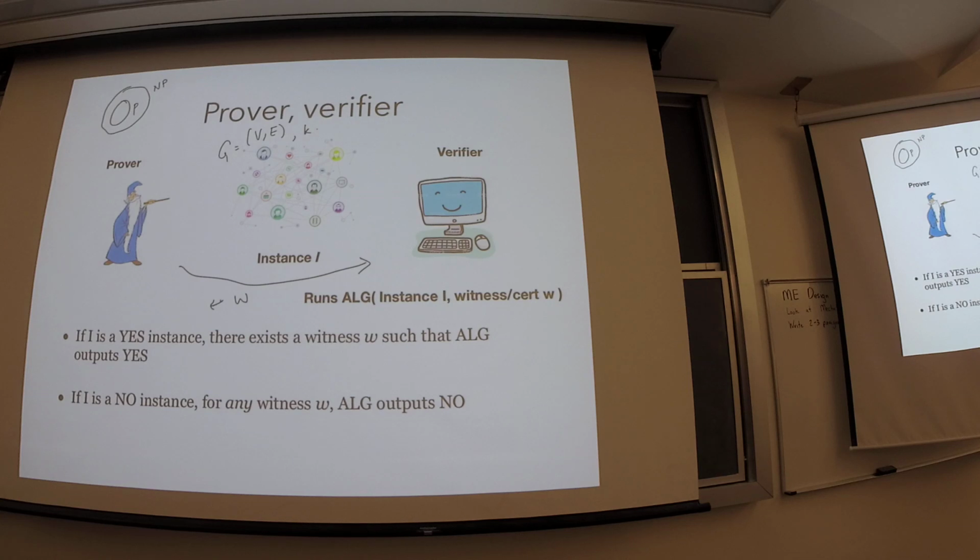The witness is some subset of vertices of size at least k, and this witness would be accepted by the verification algorithm if it is indeed a subset of the vertices of size at least k and it's independent. So really the witness is much like a possible solution to the instance.